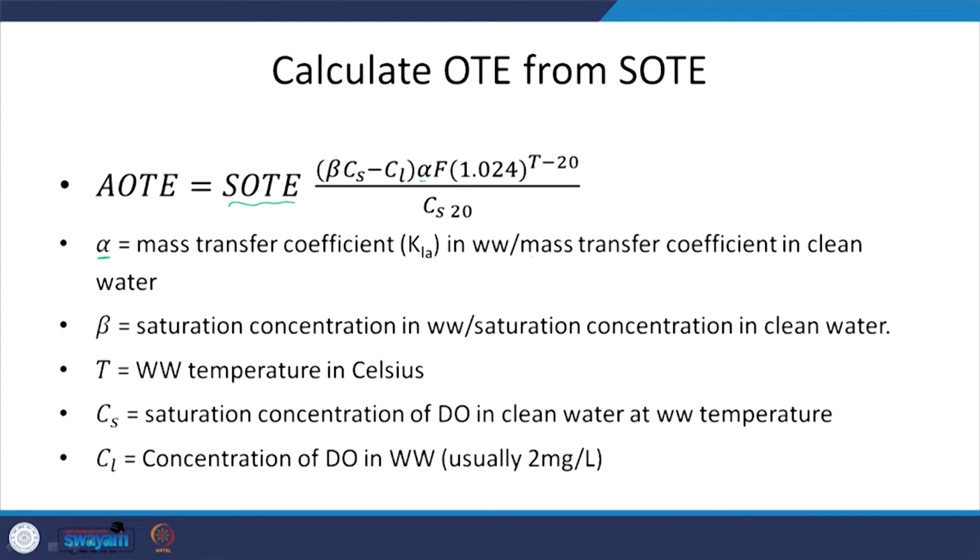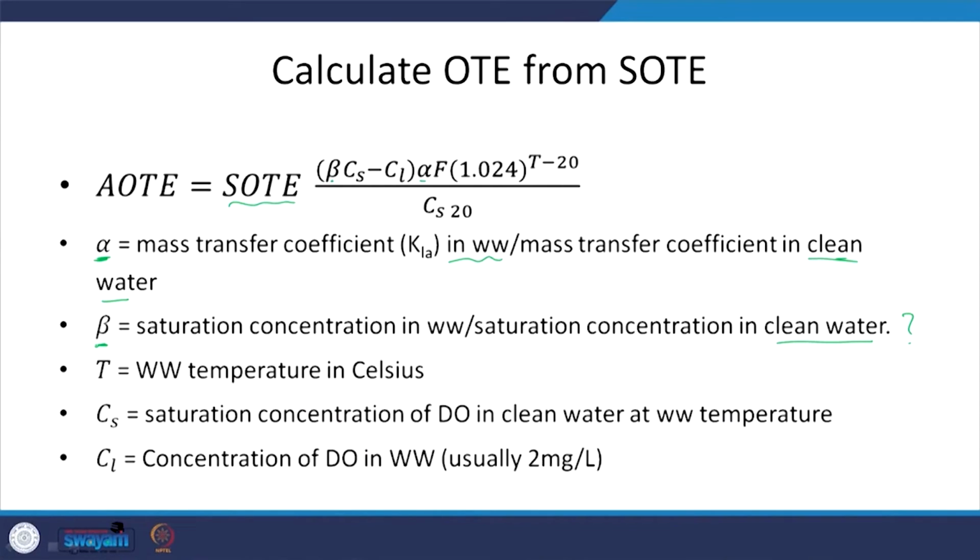The mass transfer coefficients are typically calculated for clean water. Because I want to calculate it for wastewater, I am going to have a correction factor. And beta is the saturation concentration in wastewater divided by the saturation concentration in clean water. Why is there a difference here? Because you are going to have ions and other compounds or impurities that can affect the maximum concentration of oxygen in your water.